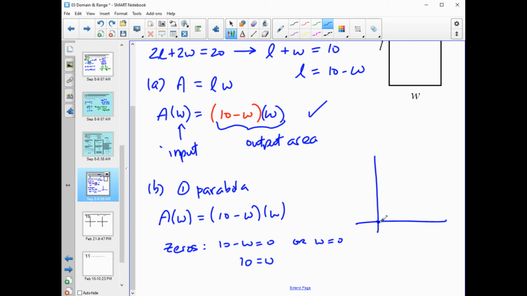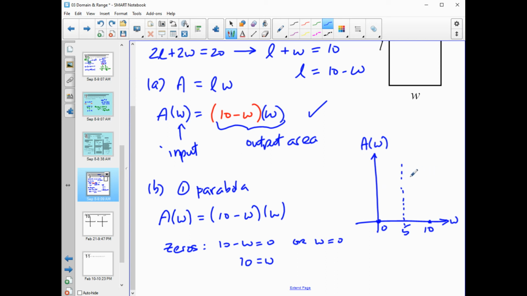And so if I put W on the horizontal and the area as a function of W on the vertical, I have zeros at 0 and at 10. And we can immediately see that that means the axis of symmetry must go through 5. That's going to be the location of the vertex. I've got a negative W here, and if I multiplied that by this positive W, I'd have negative W squared.